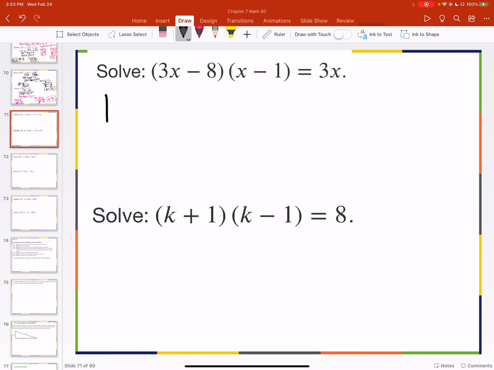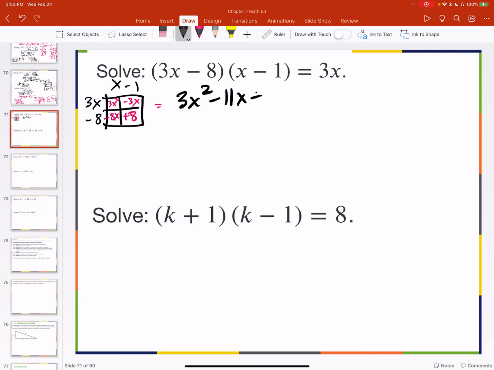So here we have 3x minus 8 times x minus 1. So x minus 1. And then let's fill in: this is 3x squared, this is negative 3x, this is negative 8x, and this is positive 8. Okay, so this multiplies out to become 3x squared minus 11x plus 8, and that's equal to 3x.